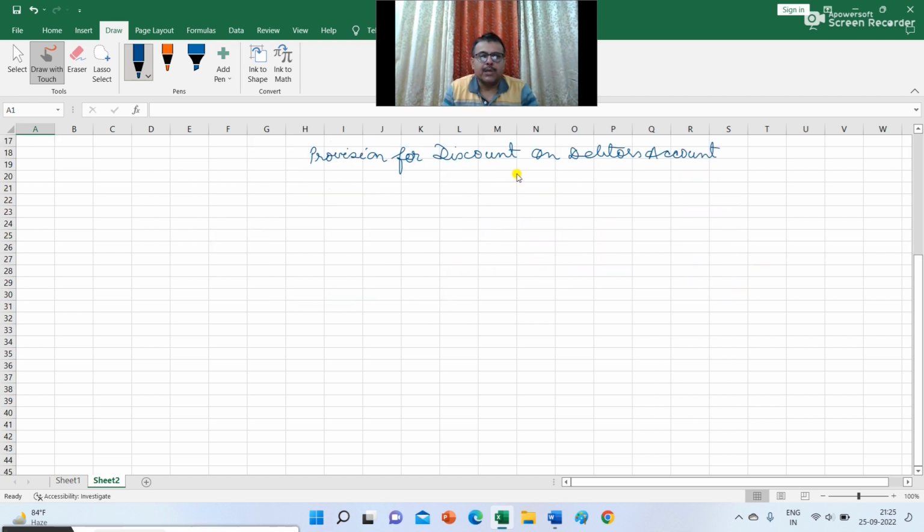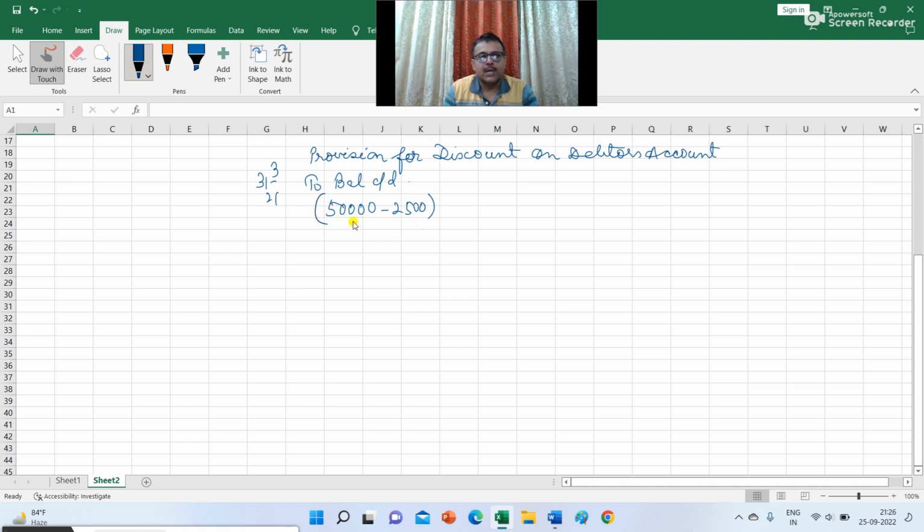Now we are preparing the ledger provision for discount on debtors. So on 31st March 21, the required amount of provision for discount is 3% on the debtor balance. So the debtor balance is 50,000 minus 2,500.